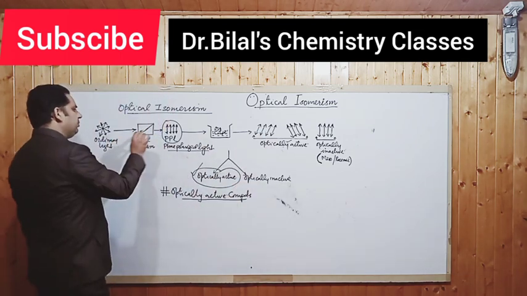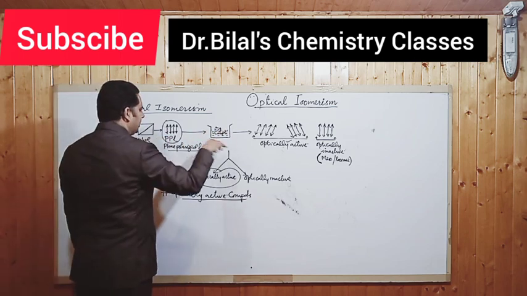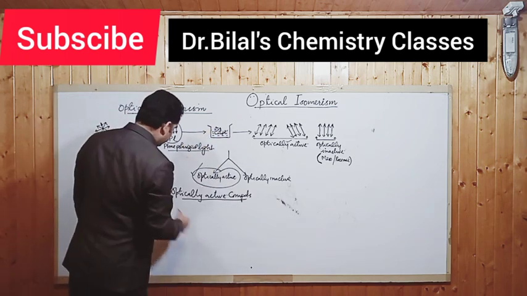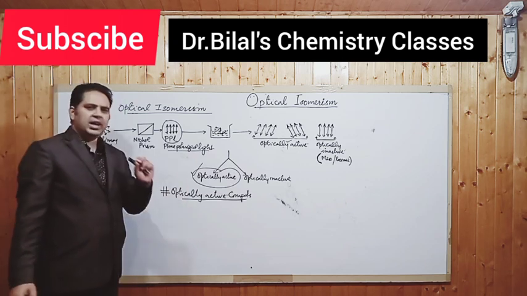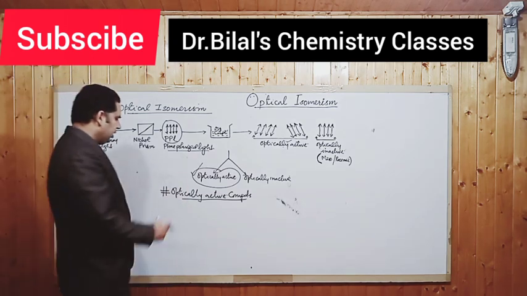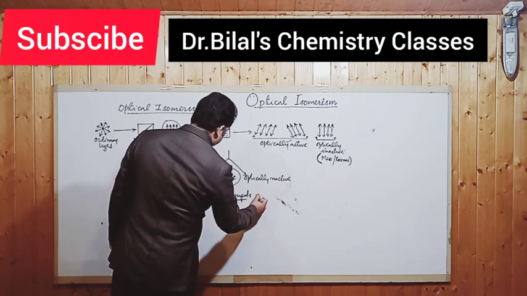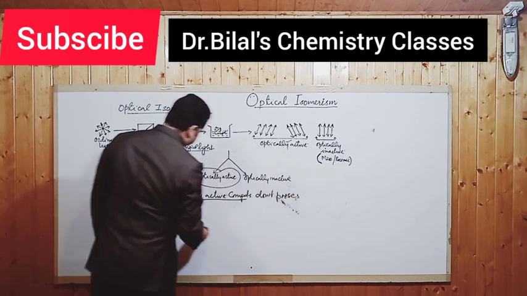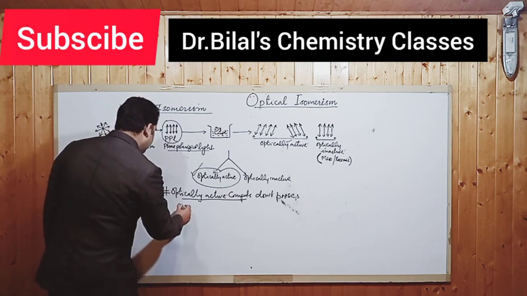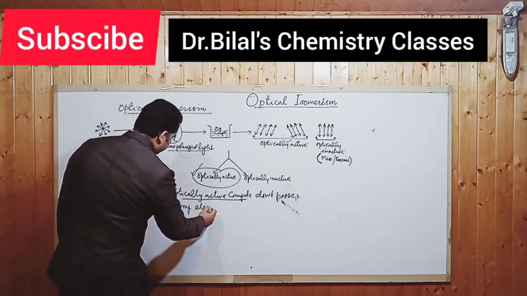When this plane polarized light was passed through certain organic compounds which rotated it, it was felt that those compounds have a basic thing. What is that? Those optically active compounds do not possess any element of symmetry.